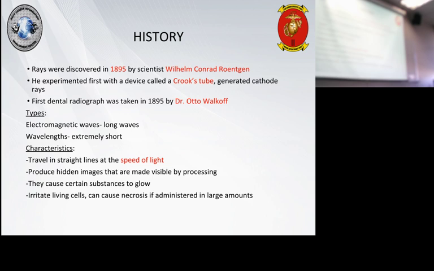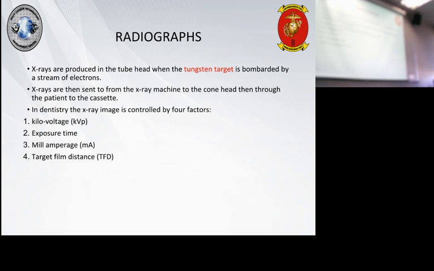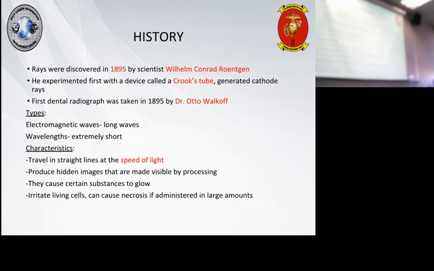These electromagnetic waves travel in straight lines at the speed of light, and the wavelengths are extremely short. They produce hidden images that are made visible by processing, and they irritate living cells and can cause necrosis if administered in large amounts.